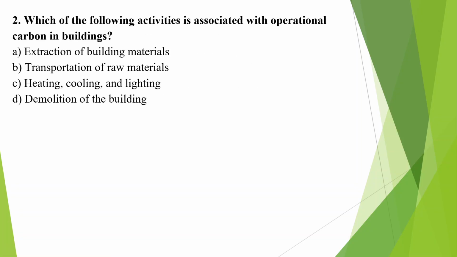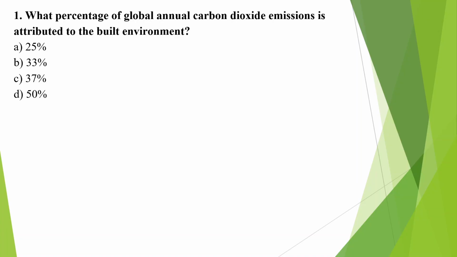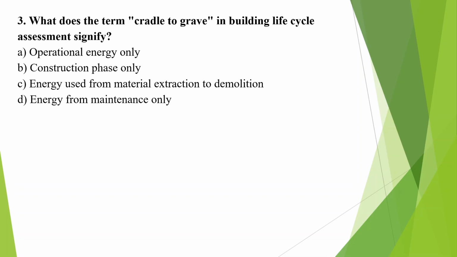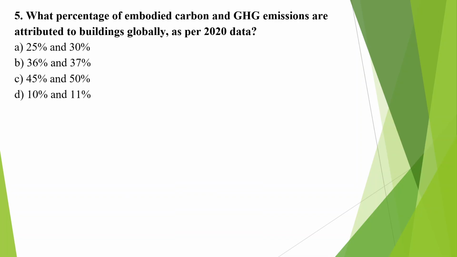Like in our previous question number 1, here also we have discussed what percentage of greenhouse emissions or carbon dioxide emissions was coming from the built environment. It was referring to the built environment, and it is also referring to the buildings only.